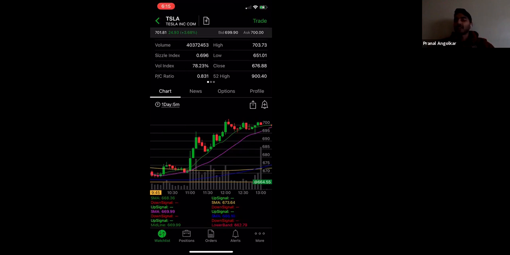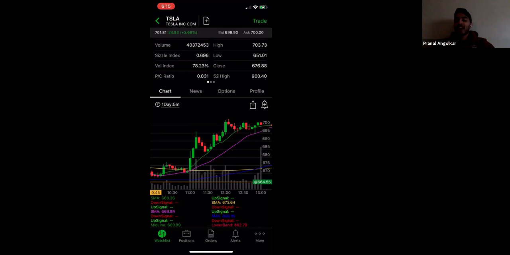And you want to buy, especially if they hold support, and then that's the best time to enter. Don't enter as they're topping out. Wait till they get back to support and then enter from there.